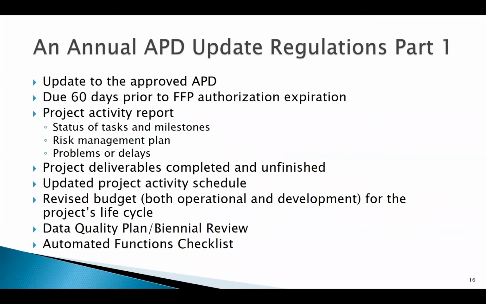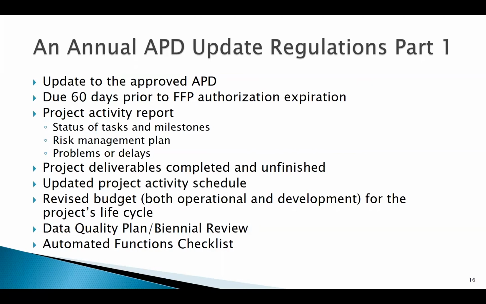So your annual APD update is due 60 days prior to the authorization expiration. If your document ends on September 30th, then you need to turn it in 60 days prior.